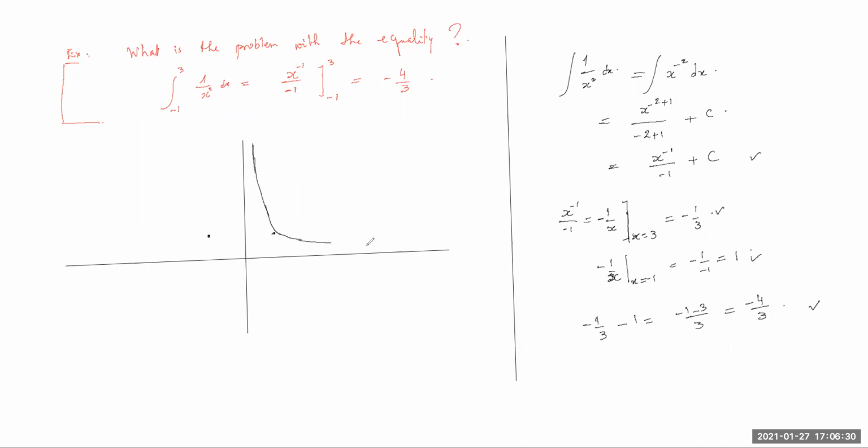As x goes to infinity, it goes to 0, a decreasing function. We know how to study it. It's symmetric. And we are computing an area. Let's say from minus 1 here, and 1, 2, and 3, here is the area.